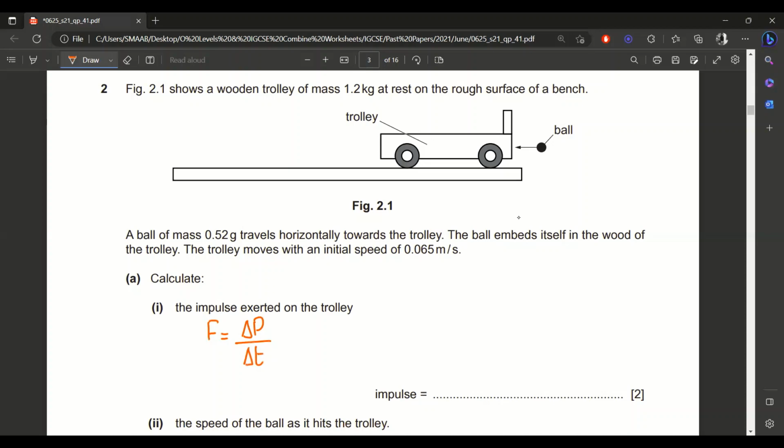So we have the speed of this trolley and the mass of a ball, and the wooden trolley has a mass of 1.2 kg.